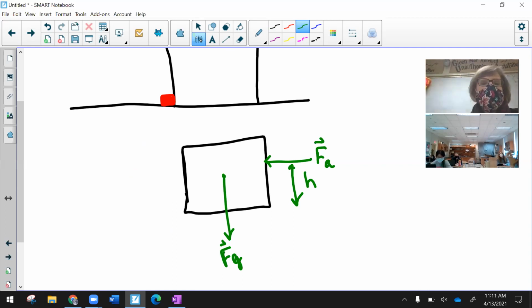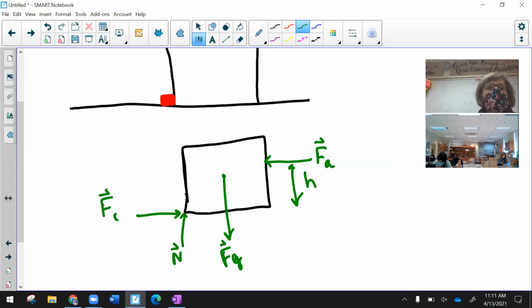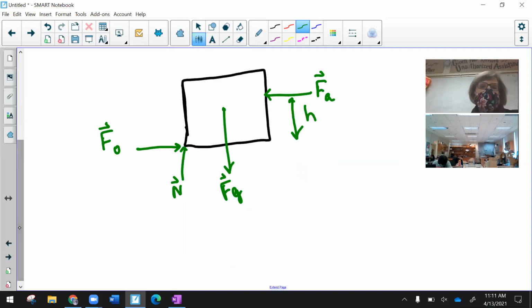So when it's on the verge of tipping, that means that the normal force is concentrated right there because the rest of the object isn't really in contact with the surface anymore. And there's going to be some contact force from the obstruction. It's going to push back on it.